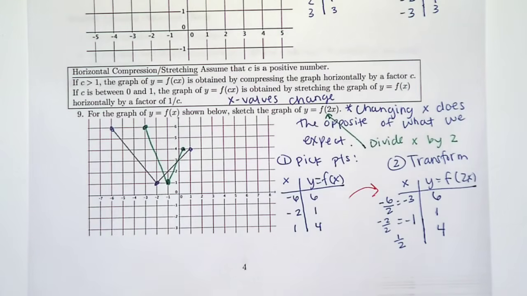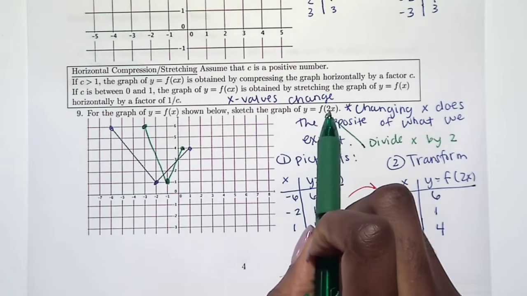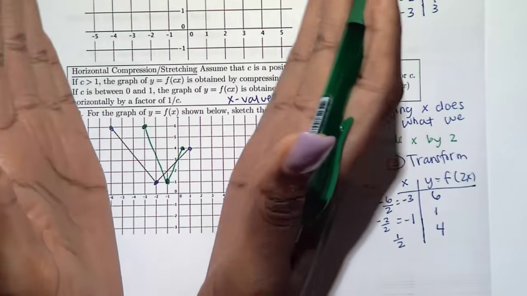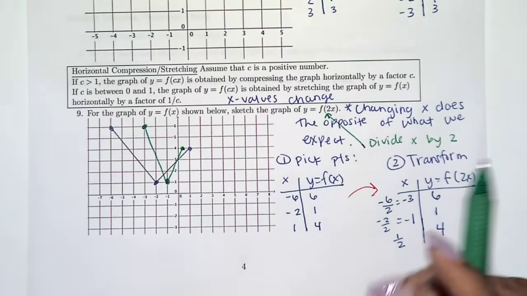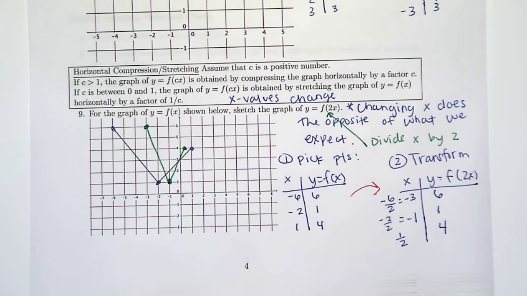Oh, sorry, my hair got in the way. All right, so what did we do here? What happened, is that what we expected to happen? Well, we have a 2 inside, so we actually shrink it by 2. So we compress it by 2, so it should just be skinnier. It's the same height and everything, but it's just skinnier.